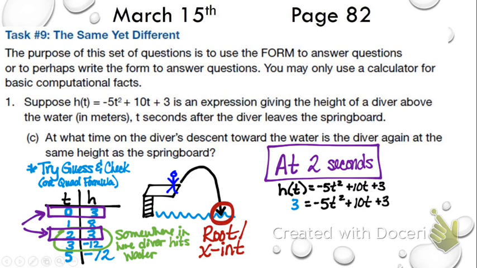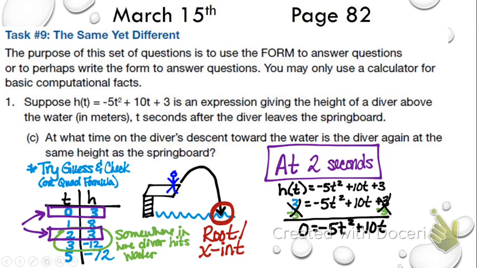We always want quadratic equations to be equal to what? 0. So I would subtract 3 from both sides. What happens when I subtract 3 from both sides? Both of these 3's cancel out. So I get 0 is equal to negative 5t squared plus 10t.